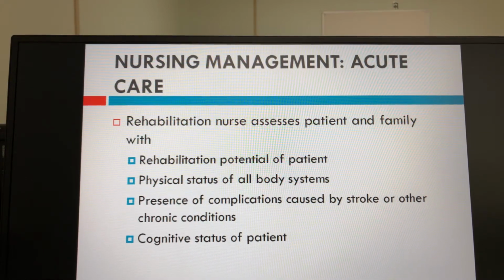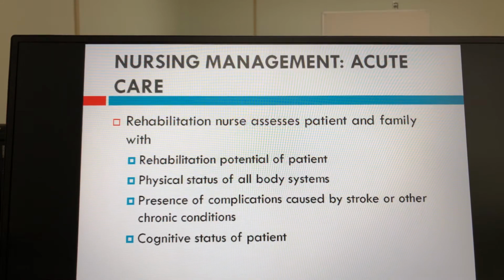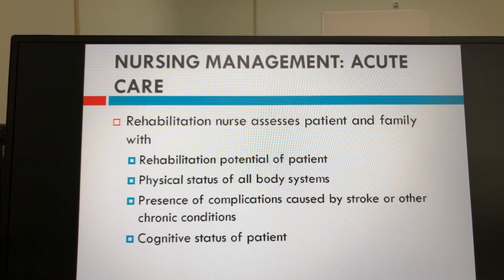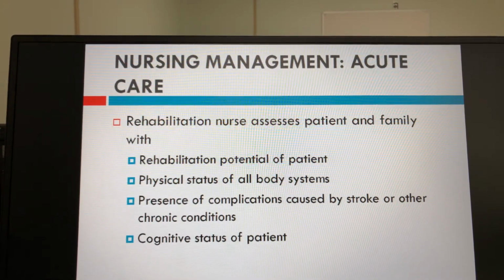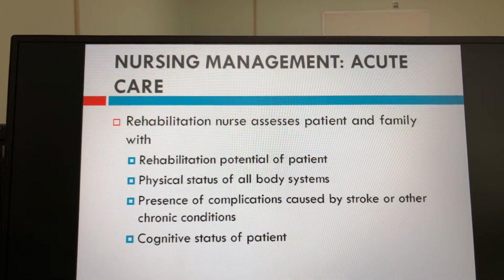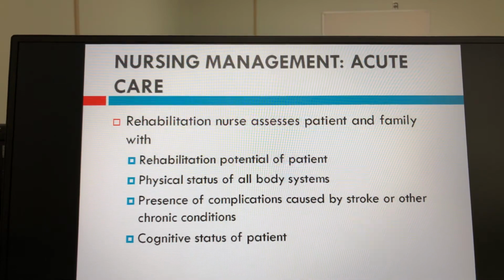Many of the nursing interventions outlined in the nursing care plan for the patient with a stroke, again, it refers you to these care plans, and this is referring us back to 57-1. A lot of the nursing interventions we're talking about are initiated in the acute phase of care and continue throughout the rehabilitation process.